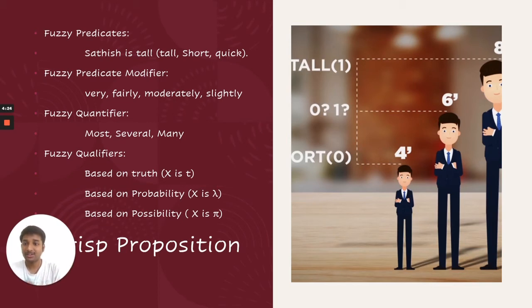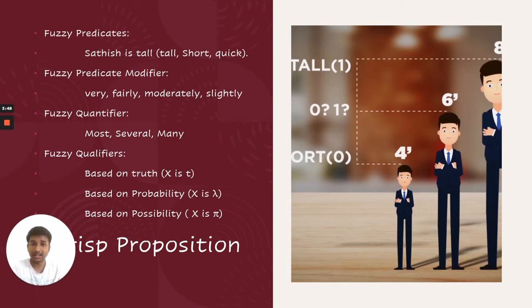And fuzzy predicate modifiers, like very, fairly. For example, the climate is moderately sunny, right? Moderately does not say anything about the temperature. And fuzzy quantifiers are most, several, many. Like if you are given some elements, some of them are greater than 10.